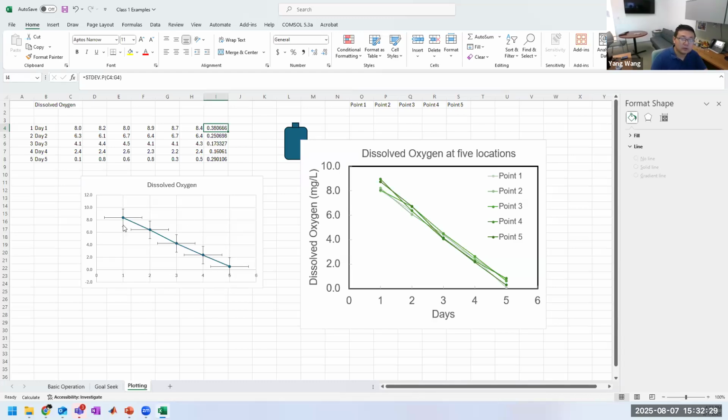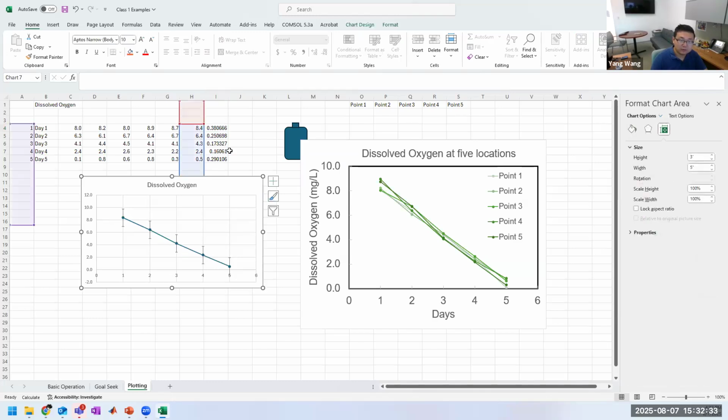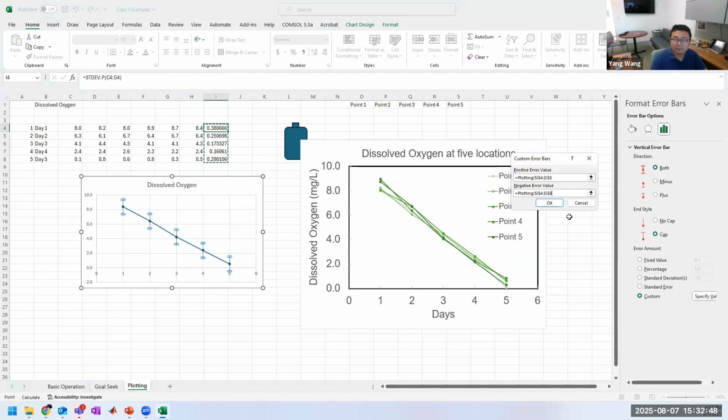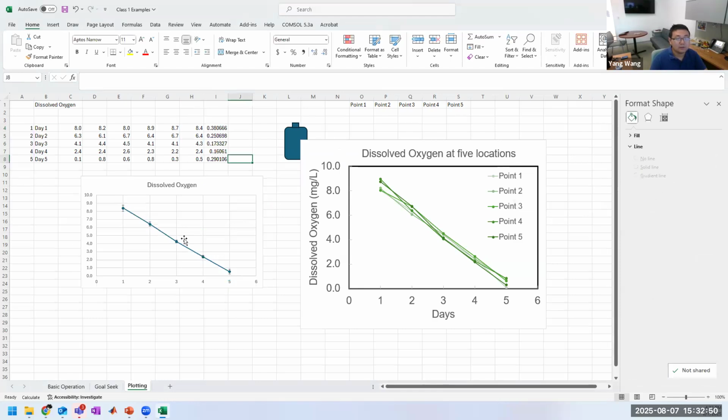So that's only going to be the error bar for the y-axis, right? So you don't have x-axis error bar. So you would delete that just by clicking the delete sign, right? So the y-axis error bar, you can go to custom and then specify the positive value, right? And the negative value.